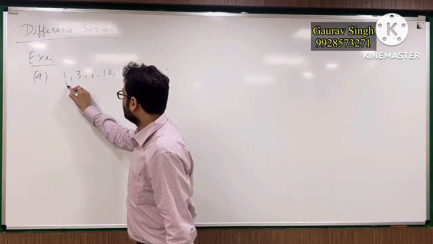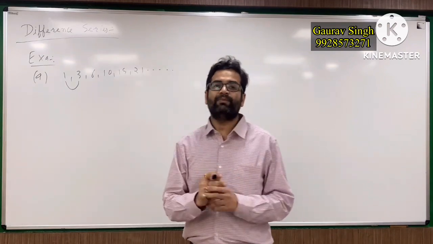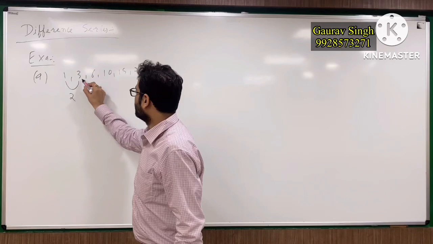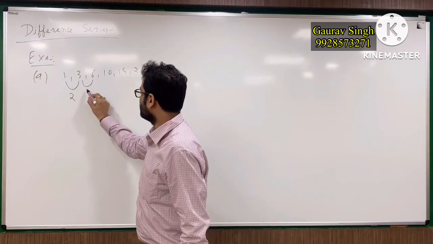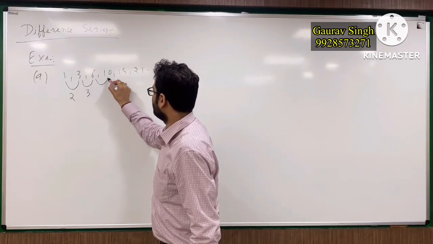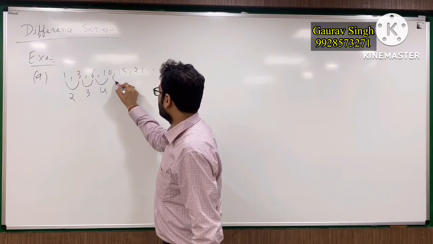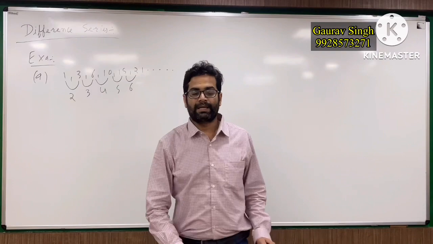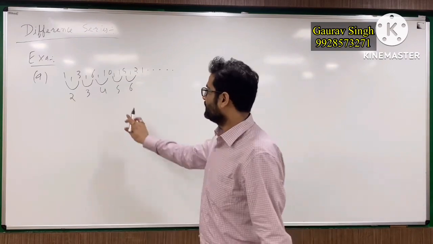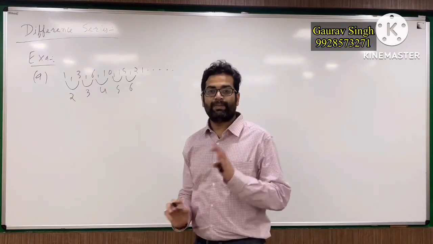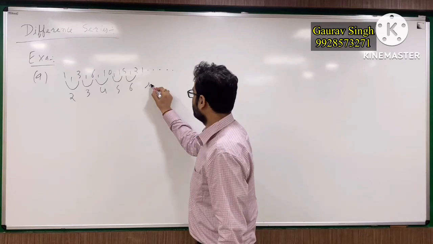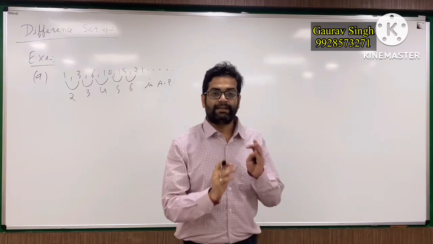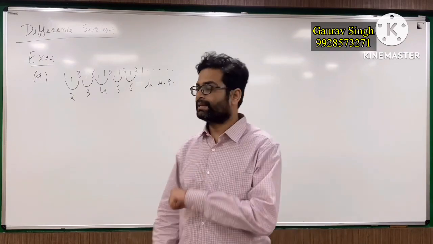If we find the difference of two terms, it comes 2, the difference between the next two terms comes 3, then the difference between these terms is 4, then 5, then 6, and these differences are in arithmetic progression. So we can say this is an example of difference series.